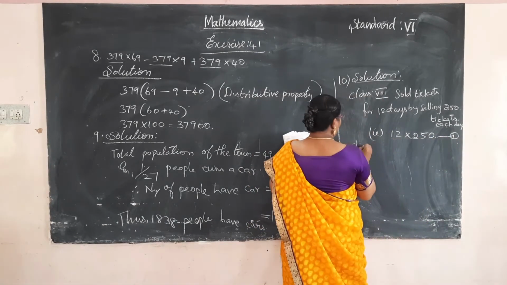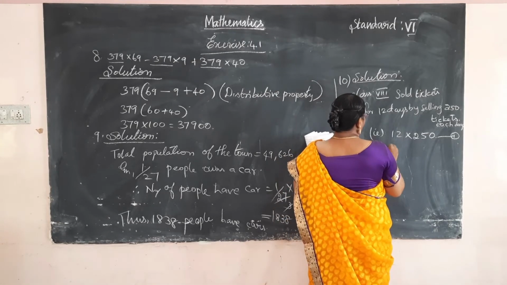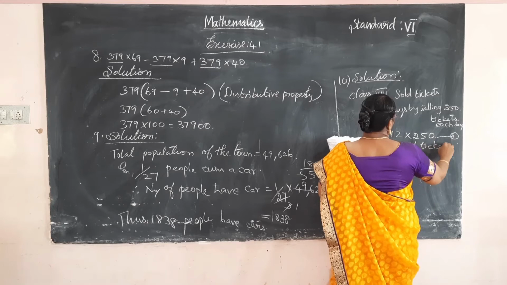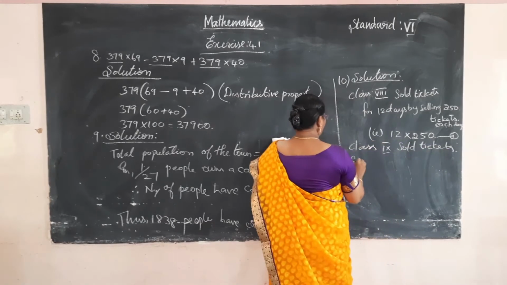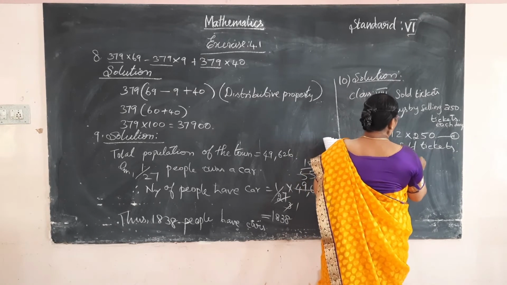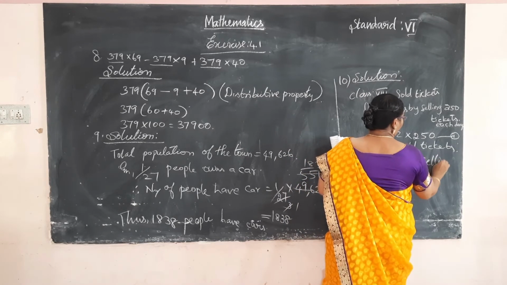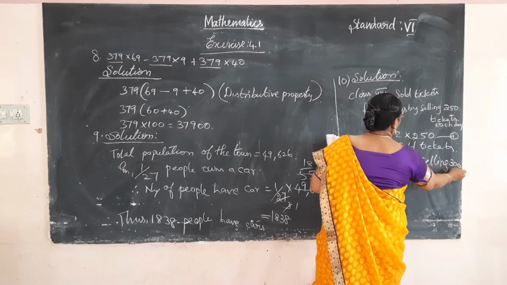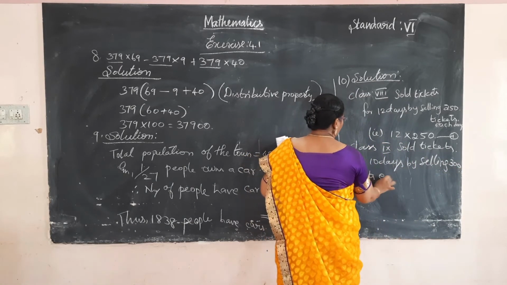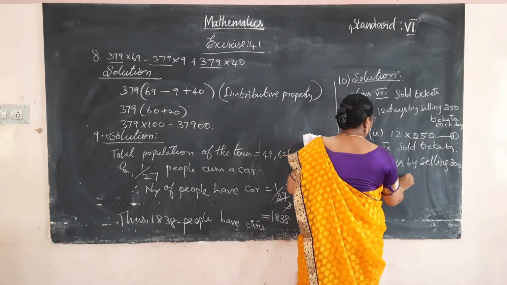Next, the class 9 sold tickets for 10 days by selling 300 tickets each day.